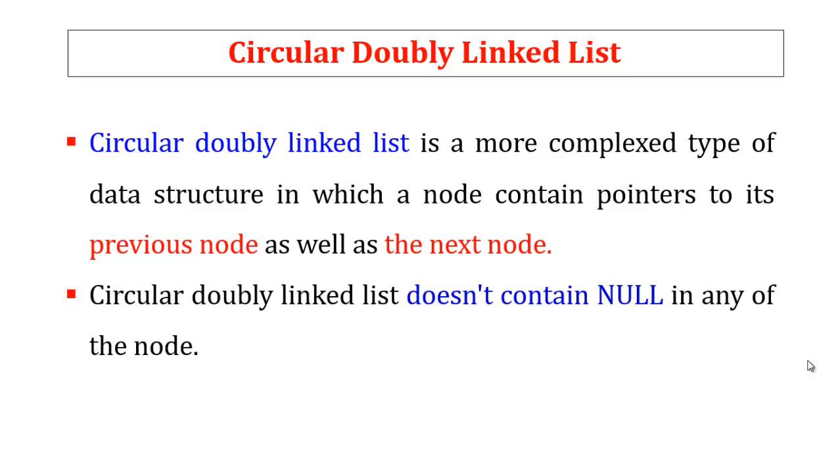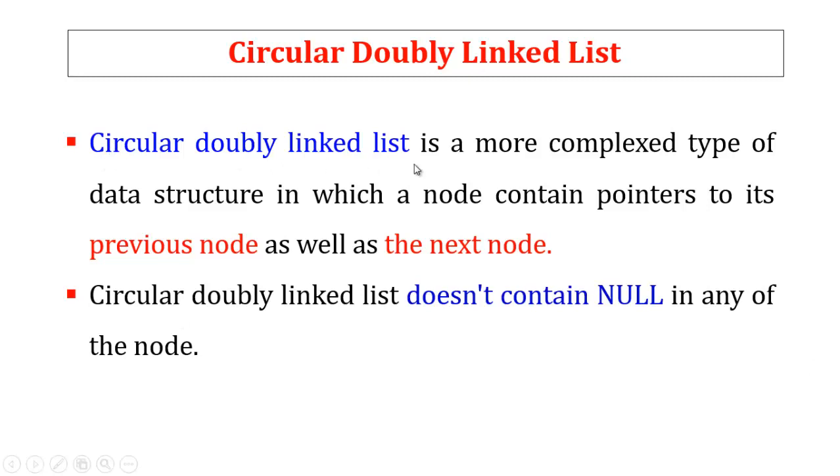In the first node of the doubly linked list, the previous field is null. Same for the last node, where the next field is indicated as null. That is a doubly linked list. It has two pointers, the previous node pointer and the next node pointer. But in a circular doubly linked list, we avoid null pointers.